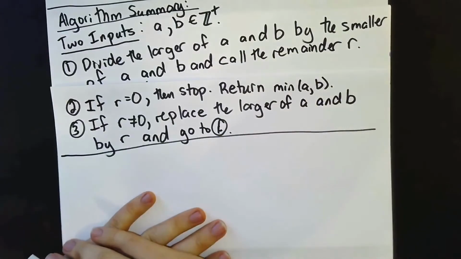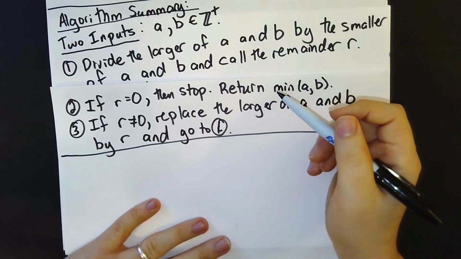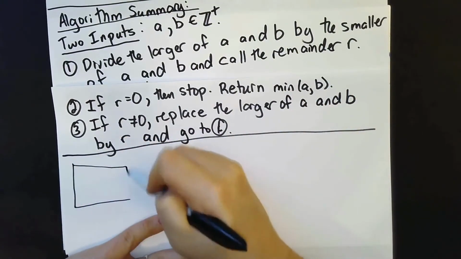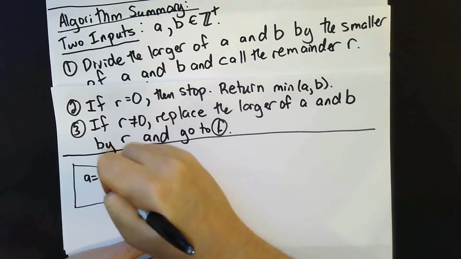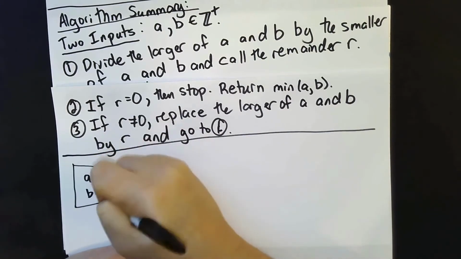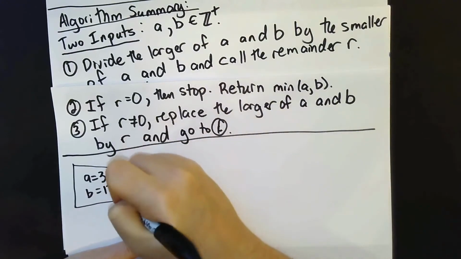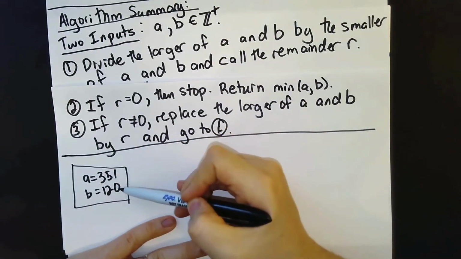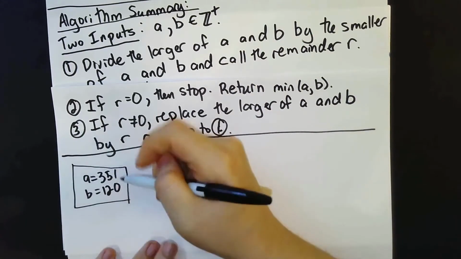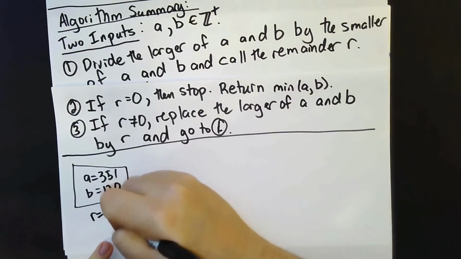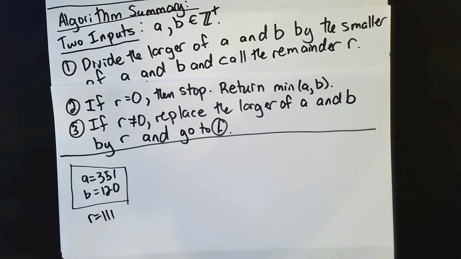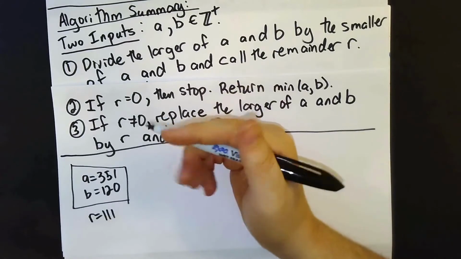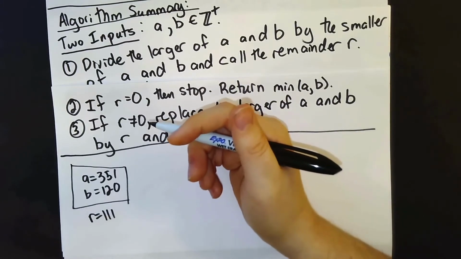So if you want to see what we just did in our previous example written up in this language, here's what we're saying. We input to the computer A equals 351, B equals 120. The computer divides 351 by 120, and when it does that, it calculates the remainder is 111. Now, it's maybe silly to point this out, but the reason we call it the division algorithm is because it is literally an algorithm.